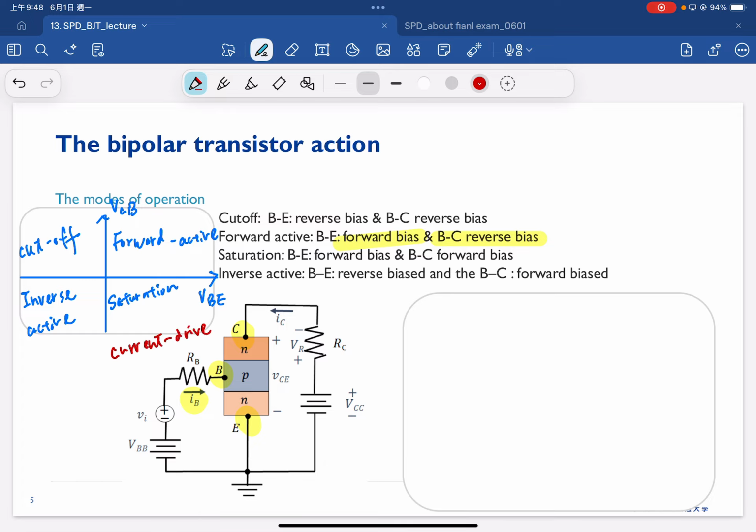So we need this base current to turn on our BJT. This is a little bit different compared to our MOSFET. The MOSFET is a voltage drive device, where we use the gate voltage to turn on the transistor. But in the BJT, we use the base current to turn it on.